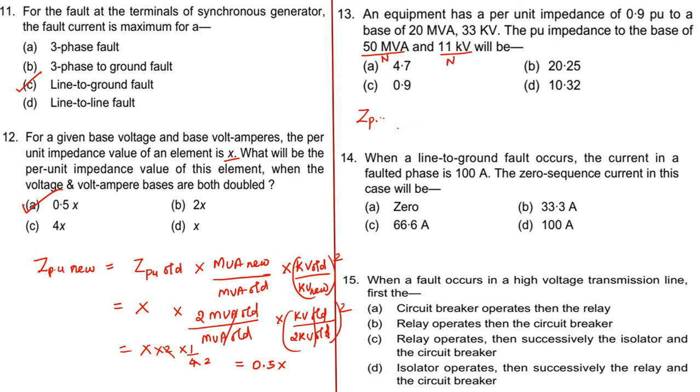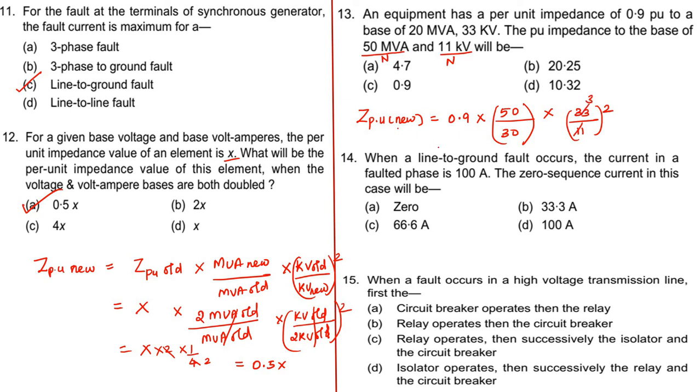Directly substitute Z per unit new equals 0.9 Z per unit old, new MVA 50, old MVA 20, old kV 33, new kV 11, the whole square.